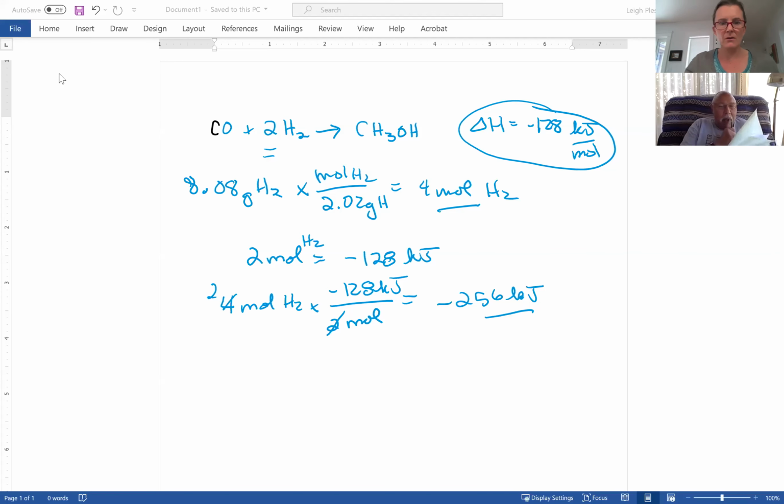On this same problem, up there on the second step, where you have the 8.08 grams of H2, and you have to convert, you have moles of hydrogen over 2.02 grams of hydrogen. Could you put one more conversion factor in there, like moles of CH3OH over 2 moles of H2?